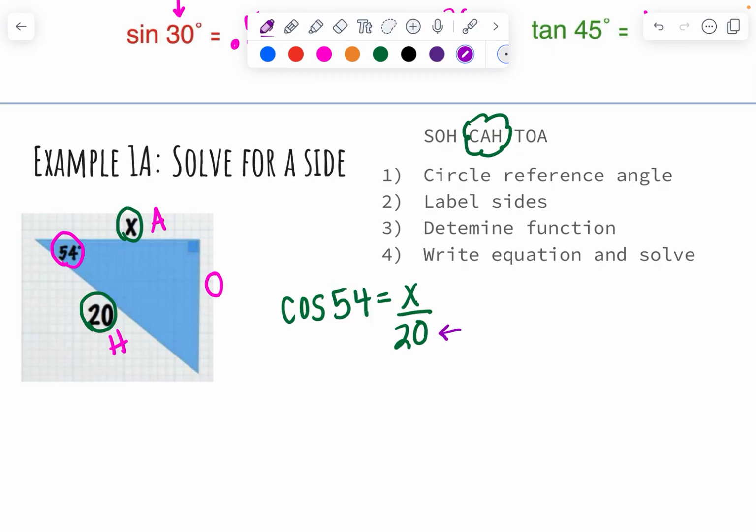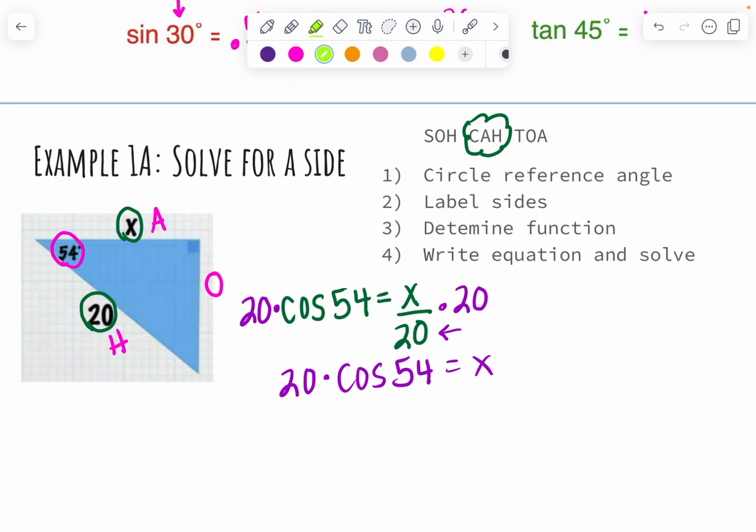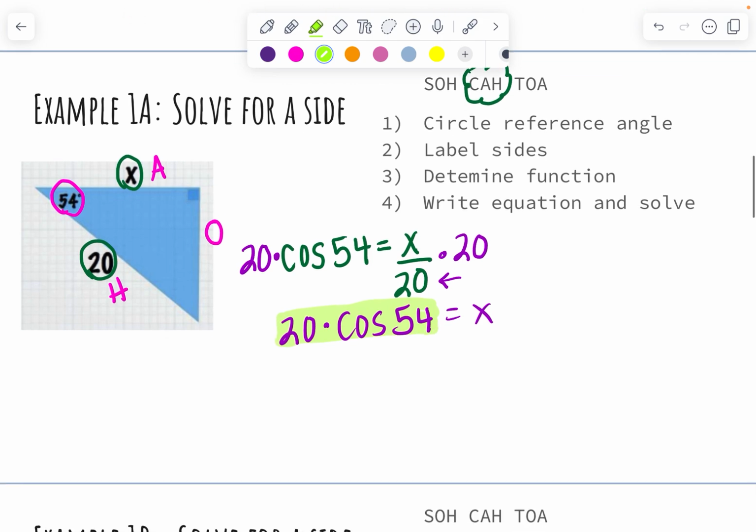Now we need to solve this for x. In order to solve it for x, I need to get rid of that 20. The opposite of dividing by 20 is multiplying by 20. So I'm going to multiply both sides by 20. And then 20 times the cosine of 54 equals x. So you're going to put this in your calculator. Again, depending on what kind of calculator you're using, the order might change.